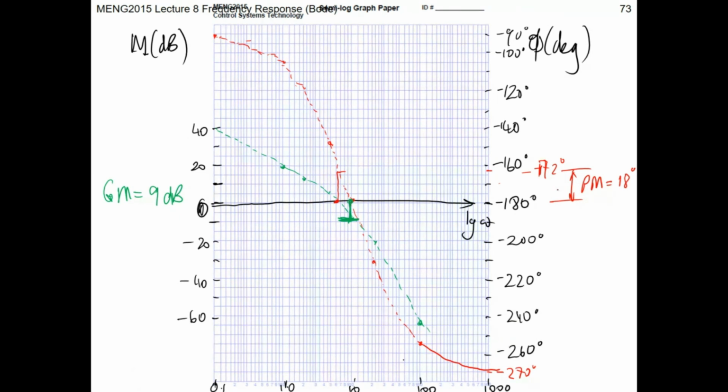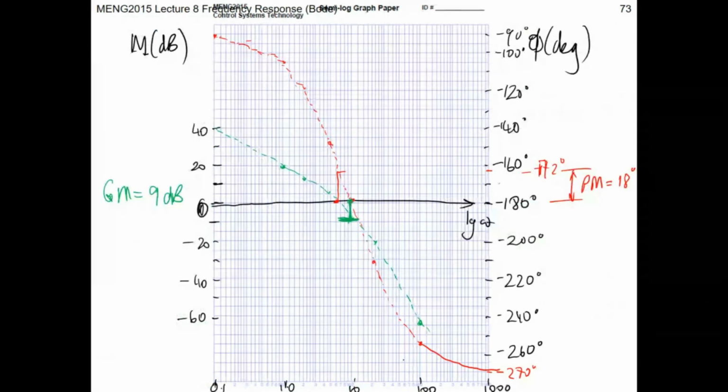Now, what we've done here is we've got a gain line crossing 0 dBs, and we also have a phase line crossing minus 180. The phase line crosses minus 180 at 10 radians per second, as we just calculated. What's the magnitude at that point?